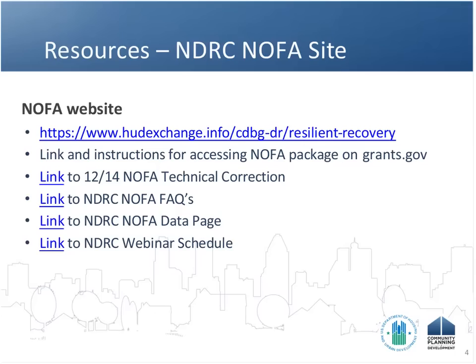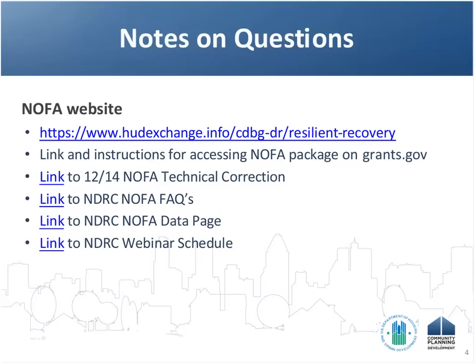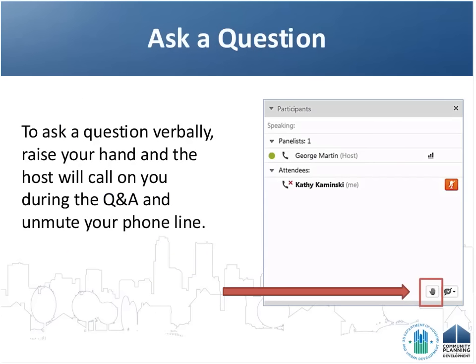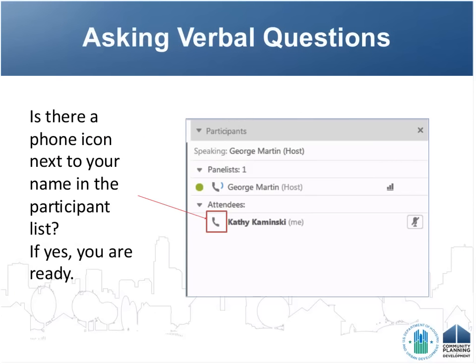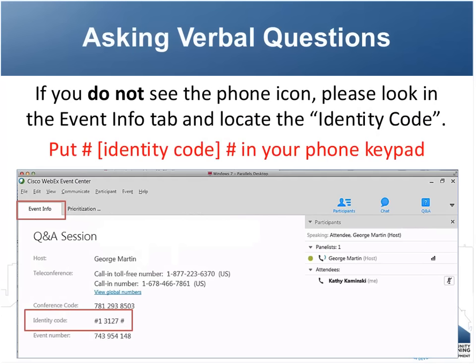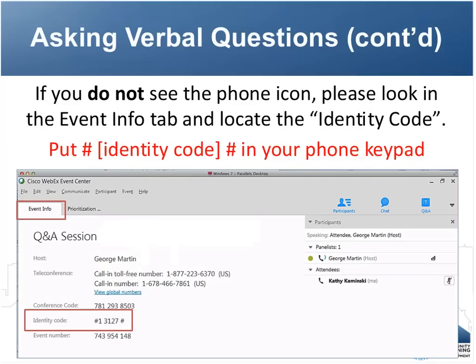Sure. Just a reminder to everyone that if you'd like to ask a question over the phone, I'm going to switch back over to these slides, I think, Lindsay, and I'll run through them again. If you'd like to ask a question verbally, look and see if there's a phone icon to the left of your name on the participant panel. If there is not, please click on the tab at the top of the WebEx screen that says Event Info.